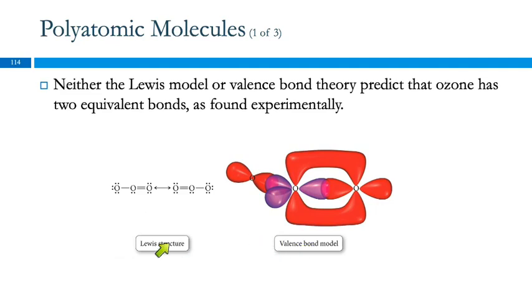In valence bond theory and in Lewis theory, the bonding electrons are localized between two atoms. And so this pair of electrons occupying these two overlapped orbitals, those electrons are between the two oxygens. And the second pair of electrons in these two p orbitals that are overlapping side to side, those are localized between these two oxygen atoms.